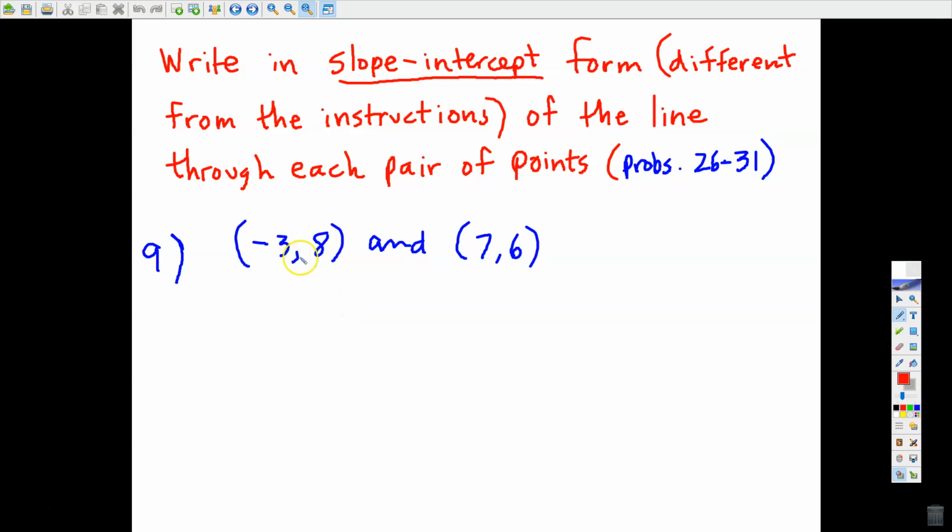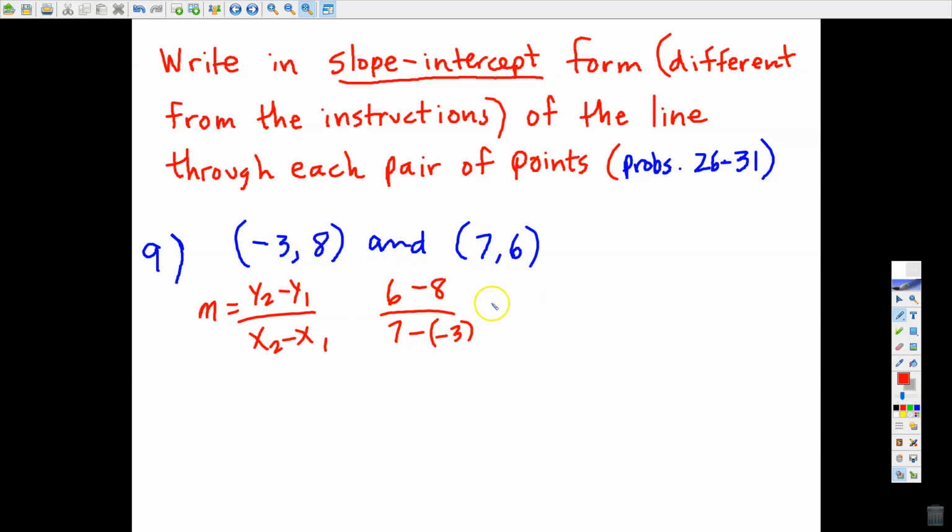All right, so the first thing to do is find the slope. And this goes back to the previous examples that we looked at where we had to use the slope formula. And so we plug in, this is my second y, and my first y, this is the second x divided by the difference between, well, the second x minus the first x.